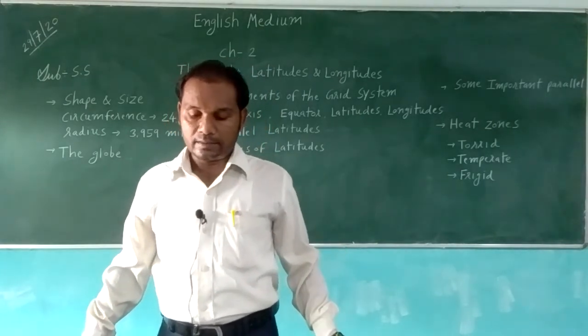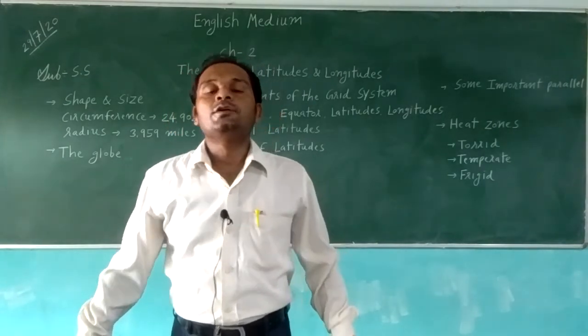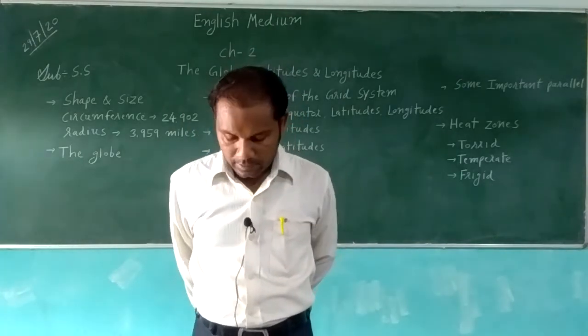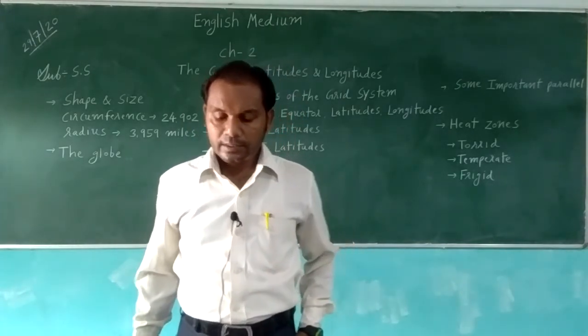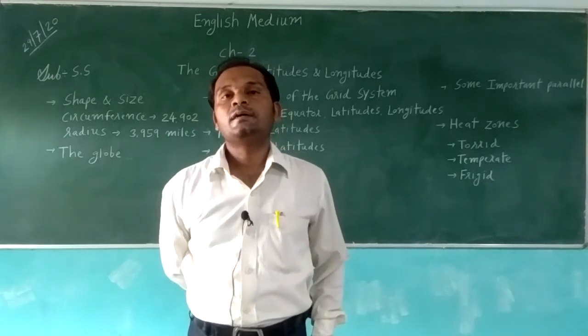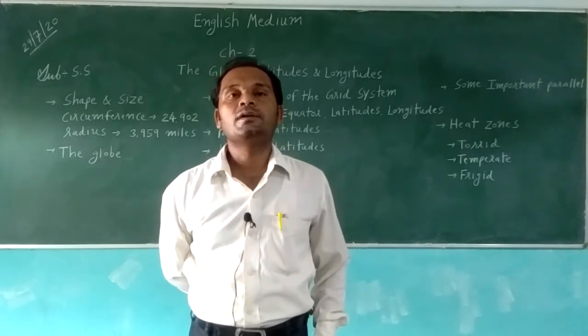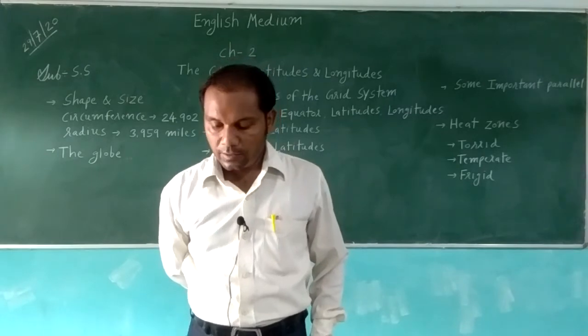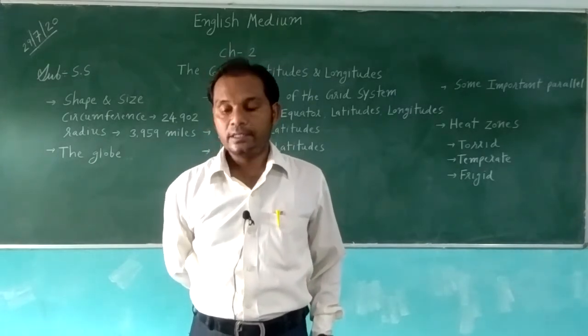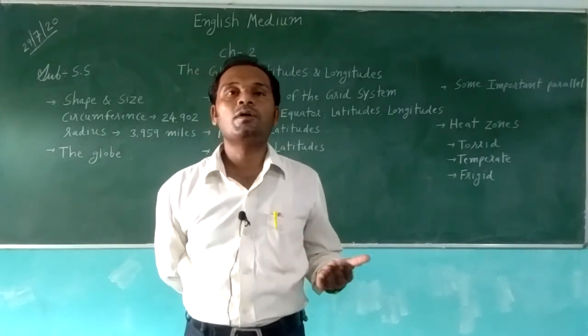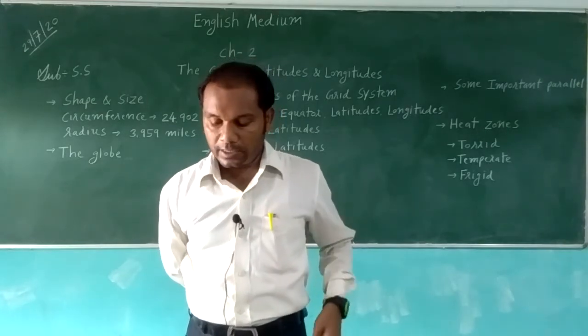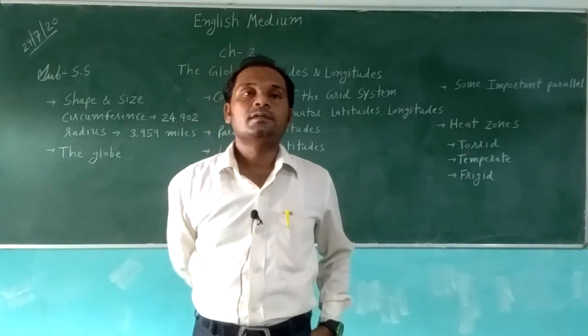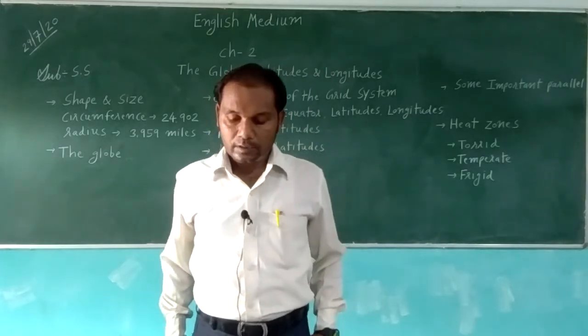These places do not get much sun rays. That's why the Arctic Circle and Antarctic Circle get a small amount of heat. So throughout the whole year, it is covered with snow only.